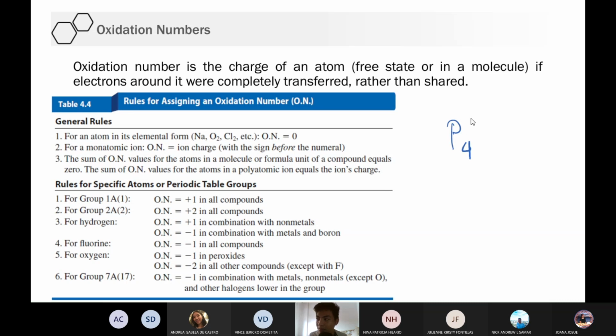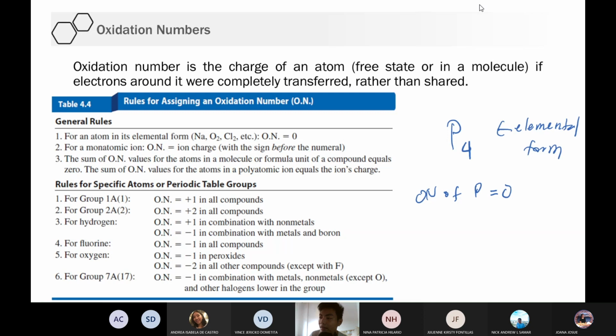Mag-isang formula lang yan, pero iisa lang din yung element dyan. So, ibig sabihin, we can say that this is elemental form. Okay? So, elemental form yan kasi this molecule is composed of the same atoms, no? The same element. So, since elemental form to, what is the oxidation number of P? Automatic, 0 sagot doon. Okay? So, that is automatic, no?